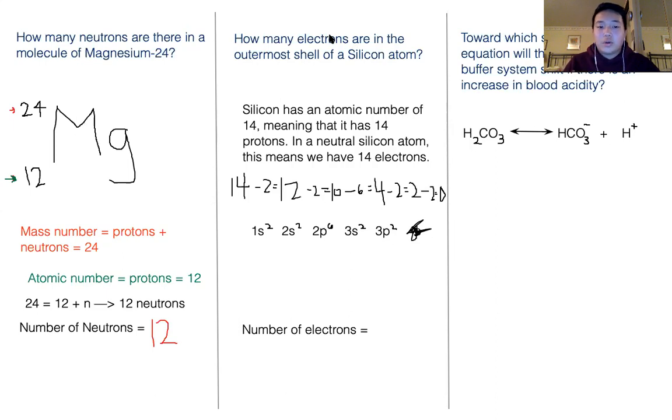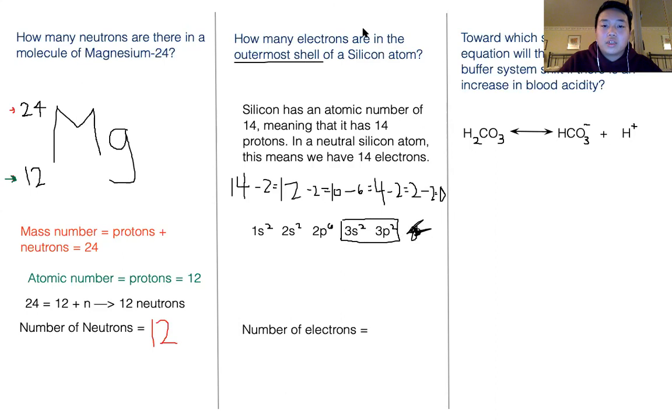That's going to be our electron configuration for silicon. But remember, the question is looking for the outermost shell. So the outermost shell would be anything that has a 3. So everything that has a 3 falls within right here.